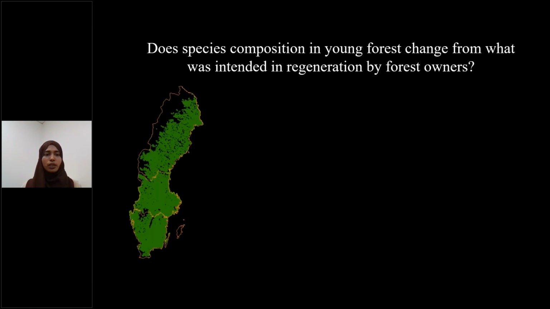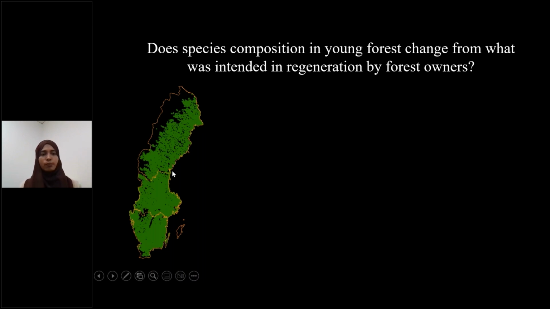To do that, we used national inventory data for young stands, 1 to 4 meters in height. In Swedish, it's called Äbin data, and if I translate it, it is moose browsing data. All the green dots that you can see in this map are the stands that were inventoried and analyzed in this study. It pretty much covers all of Sweden, except the mountains, some water bodies, and a small island here because there is no moose inventory there.